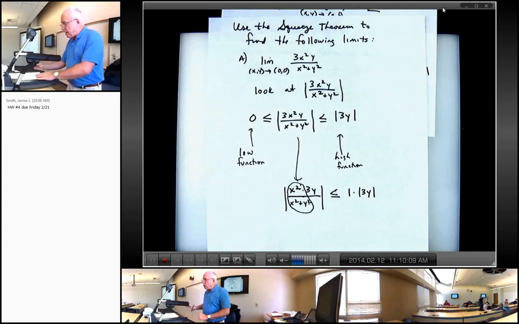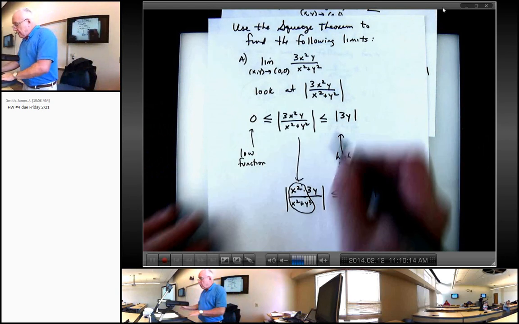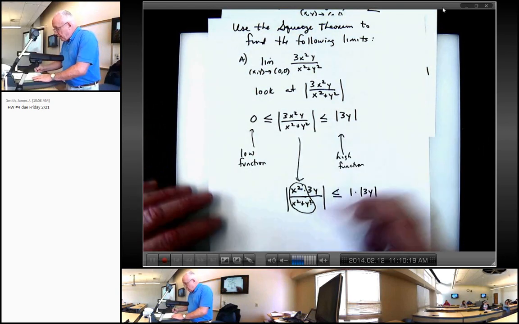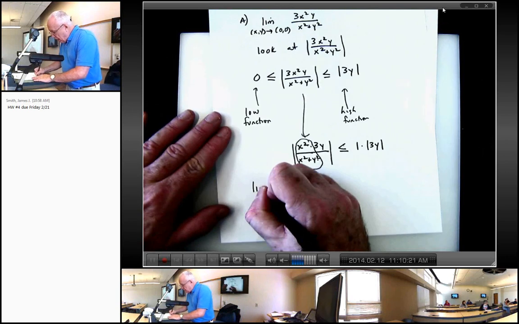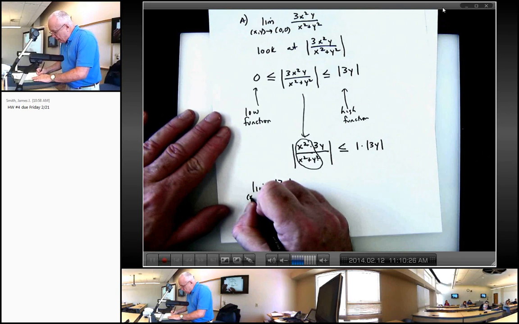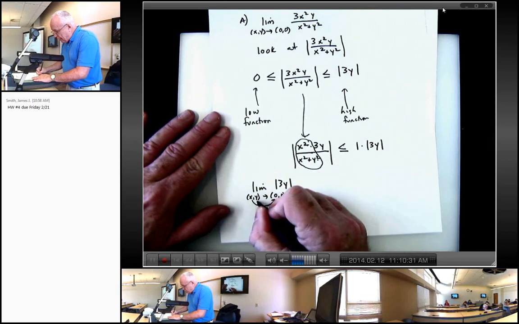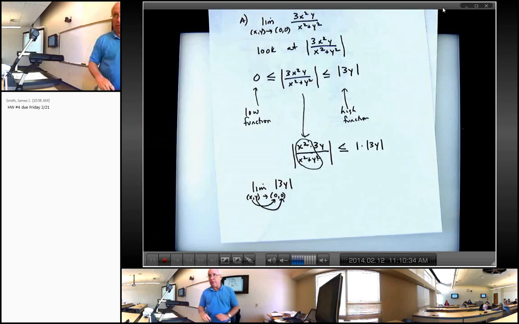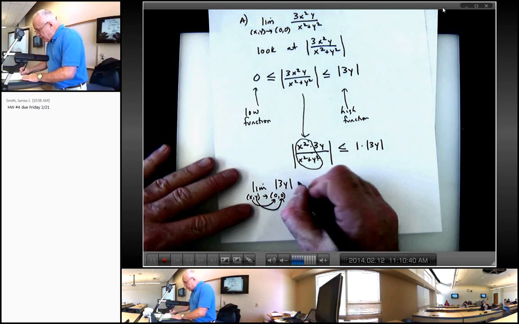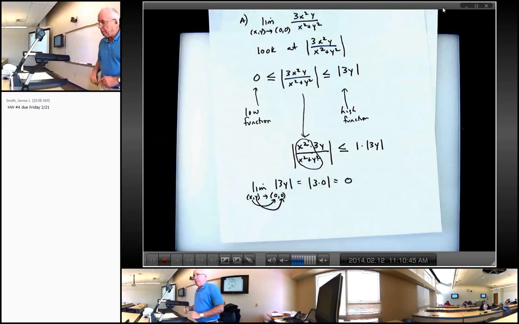Now, we're talking about the limit as xy approaches 0, 0. Here, there's no more x in the picture. So what's the limit of the absolute value of 3y as xy approaches 0, 0? X is approaching 0, and y is approaching 0. There is no x in there. It's just going to be the absolute value of 3 times 0, which is 0.